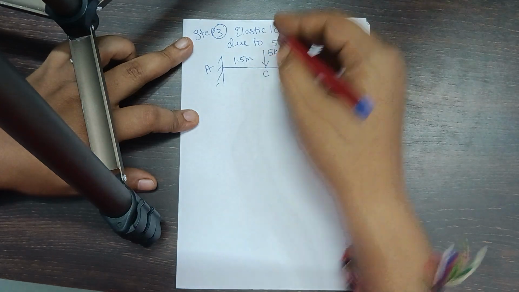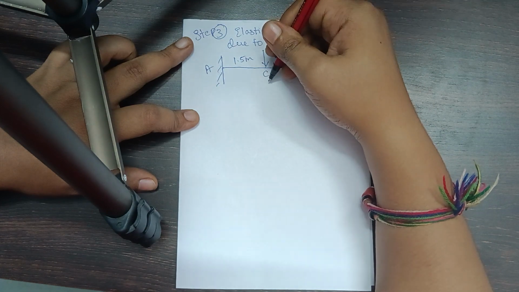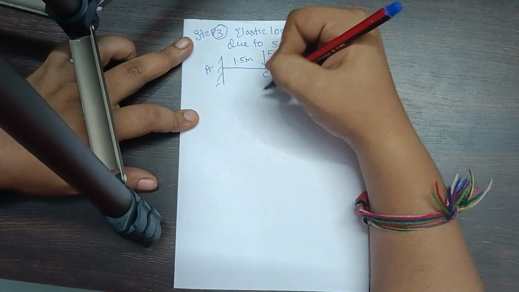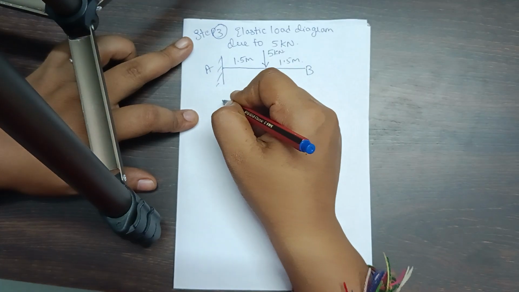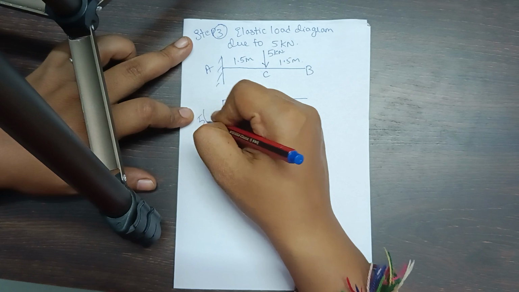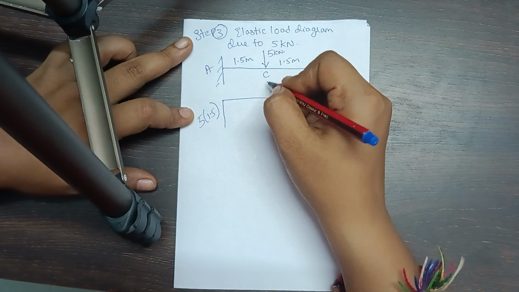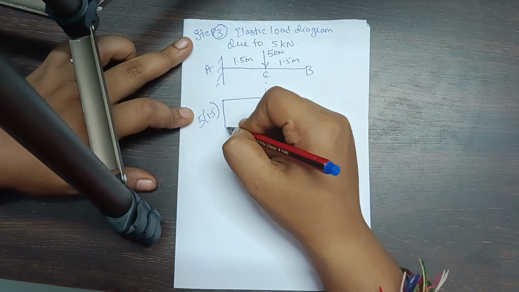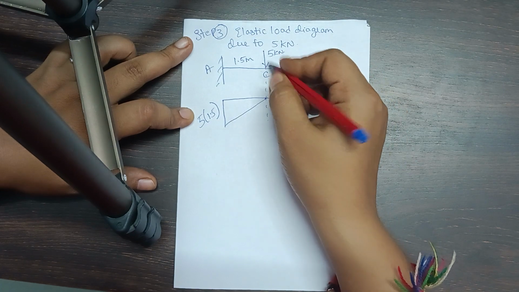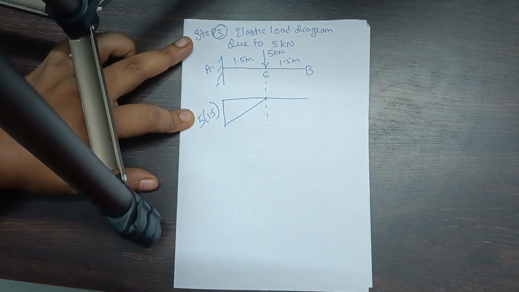So 5 into 1.5, go along this force and touch the point A. It is clockwise, and clockwise on the right side is again negative. So 5 into 1.5. Since it is a concentrated load, it is a triangular variation.